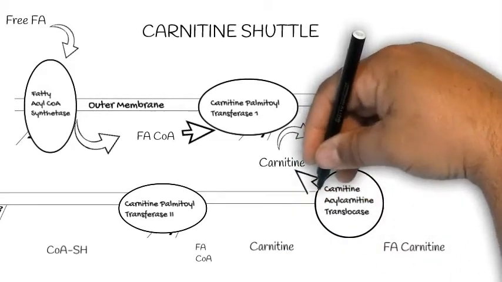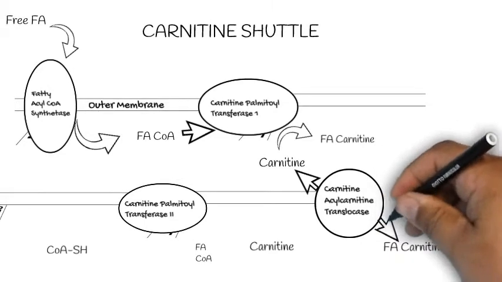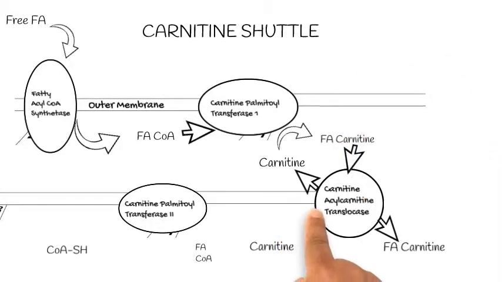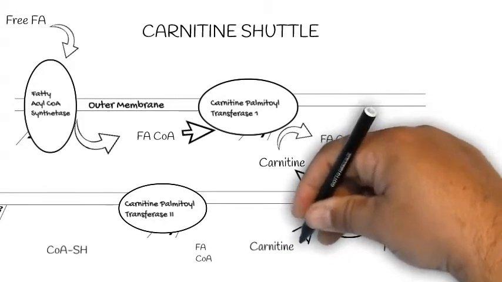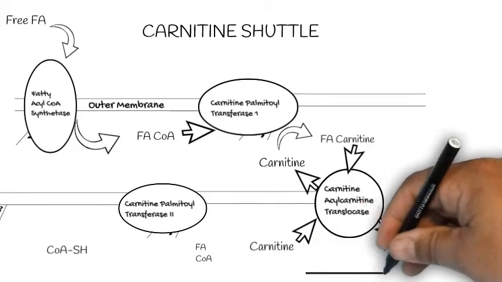Now, this fatty acyl carnitine then crosses the inner mitochondrial membrane with the help of carnitine acylcarnitine translocase, as you'll see here. And the fatty acyl carnitine then finds itself inside the mitochondrial matrix.